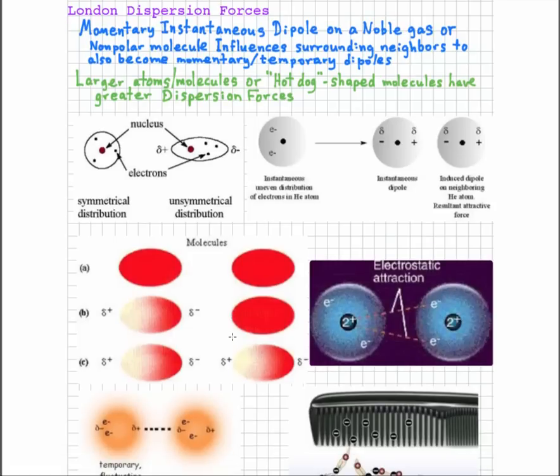London Dispersion Forces. They act between all molecules. Doesn't matter what they are. But it is the weakest of the forces, and it's only noticeable when there are no other interparticle forces present. So importantly, in nonpolar molecules, and no ionic things either.